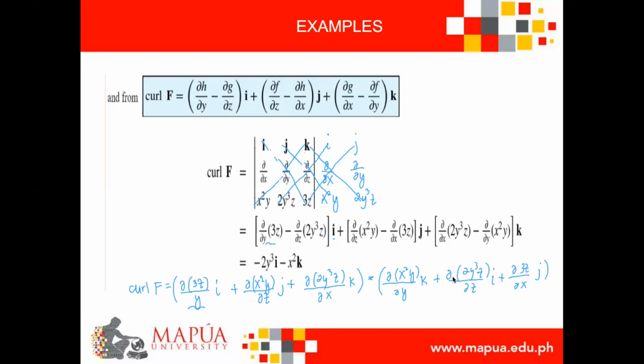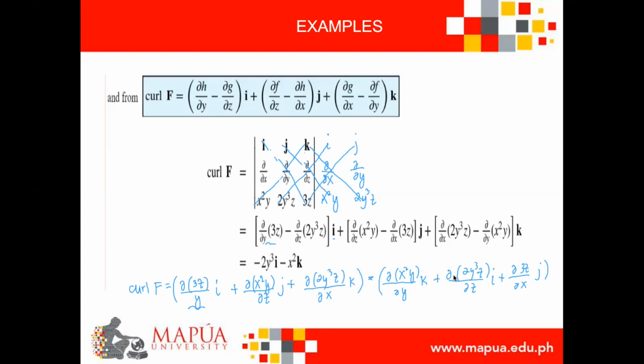Then you have the minus sign here. So we have here i also, that is now partial derivative of 2y cubed z with respect to z. So we combine those common vector i. Then we have now plus this one, partial derivative of x squared y with respect to z times j.